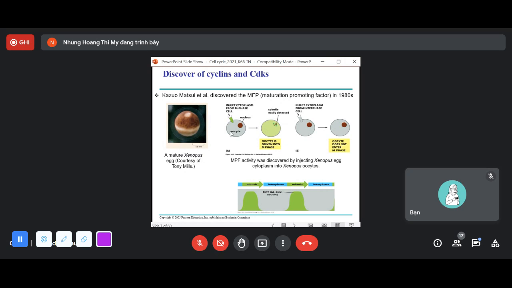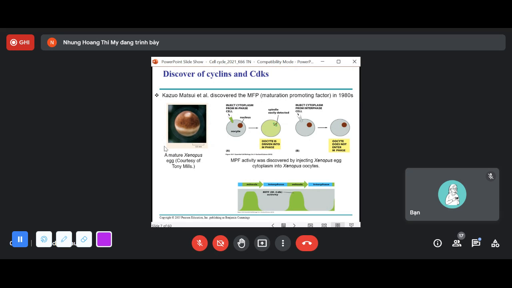That is the thinking, the idea of the Keijo Matsui research group. When he observed the dividing cell and the non-dividing cell, they thought that the dividing cell must contain some factor that induces the cell to come to the M phase. That means the cell division happens.